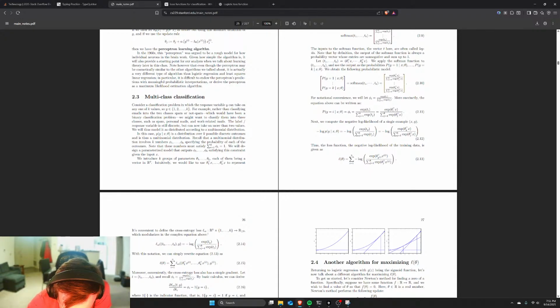It must be a copy paste error. T of i. Wait, no, it's not. Is it? Wait, what? Oh, it's not. Holy shit. Okay. That's interesting.